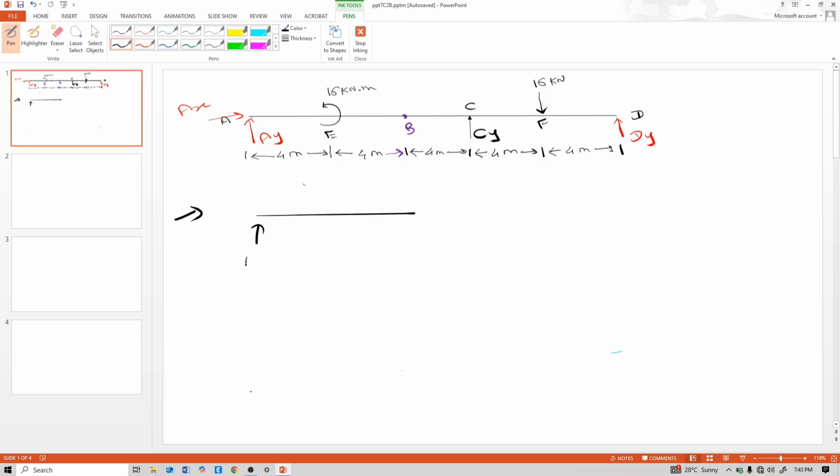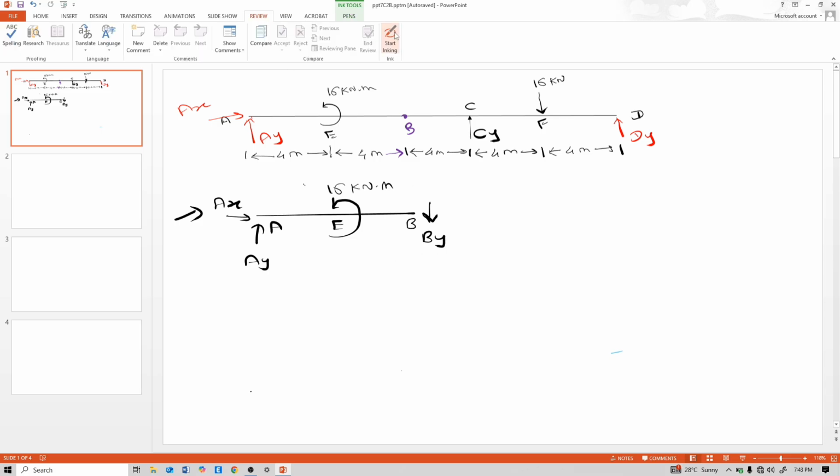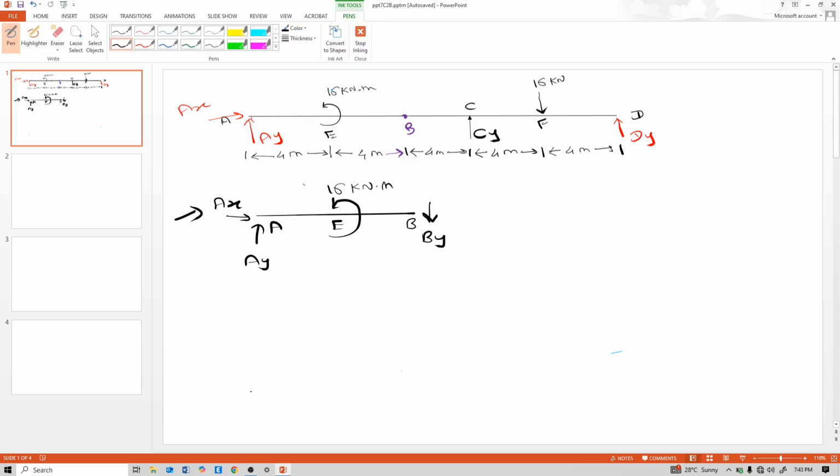So this is positive AY, this is AX, this is A, this is E, this is 60 kilonewton meter, and at point B shear comes, so BY. So we need to find the shear at this point and the moment at this point, but remember MB is equal to 0 here because this is a hinge.